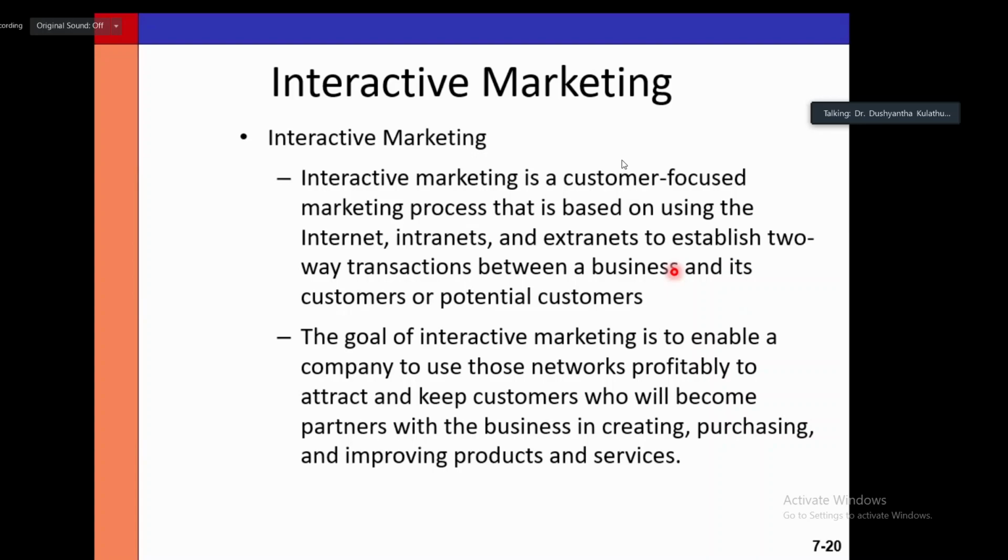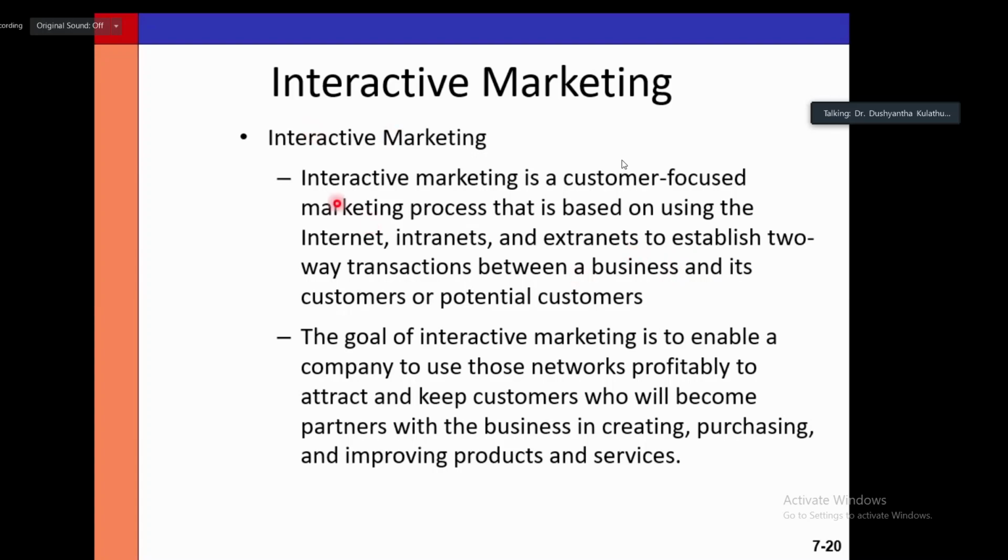Is there any question regarding interactive marketing? Some marketing companies use social media and other networks to do marketing. Is that related to this? If you use social media to establish direct linkages with individual customers, yes.